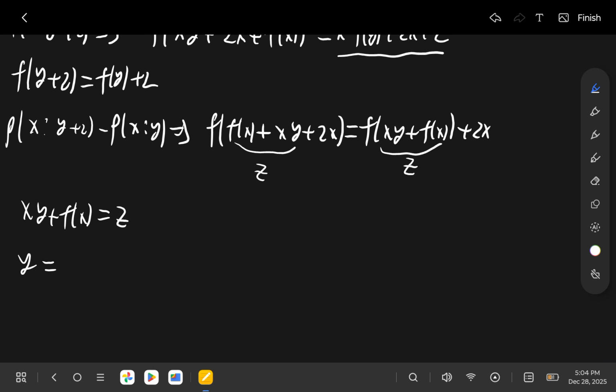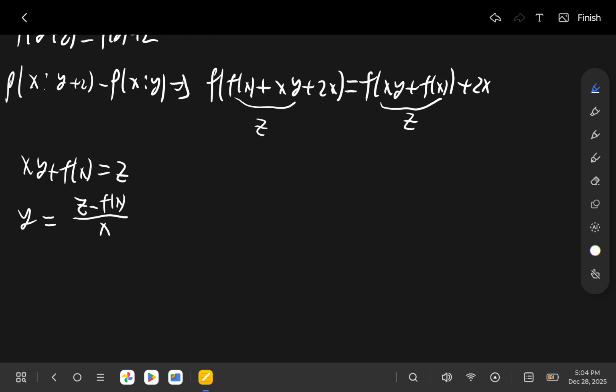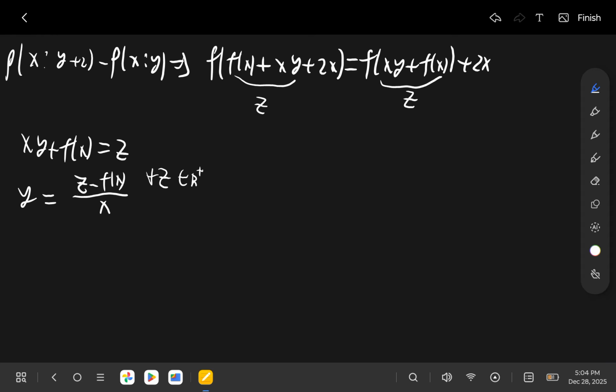Let y equal (z minus f(x)) divided by x. Okay, so we get that z is any real positive number. So we get that f(z + x) equals f(z) + x for every x and z.